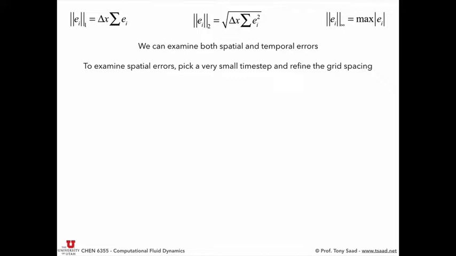So a second order in space scheme is going to converge with a slope of 2. First order, the slope is going to be 1, okay? So we're going to pick a very small time step and refine the grid spacing.